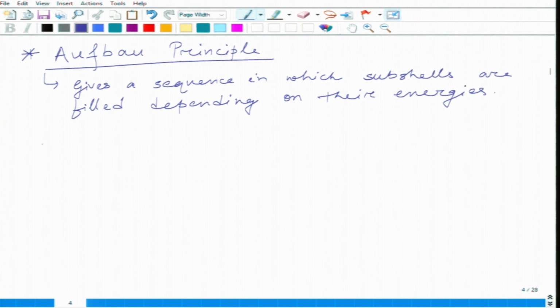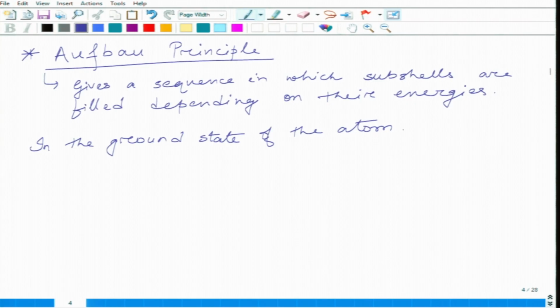Okay. So, in the ground state of the atom, what is the ground state? The ground state is the lowest energy state, that is the most stable state.